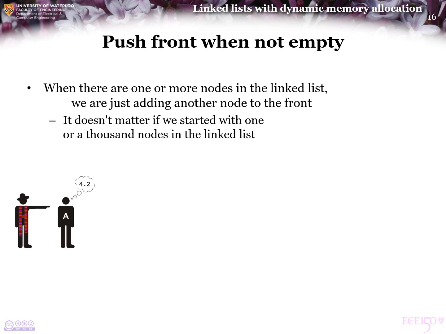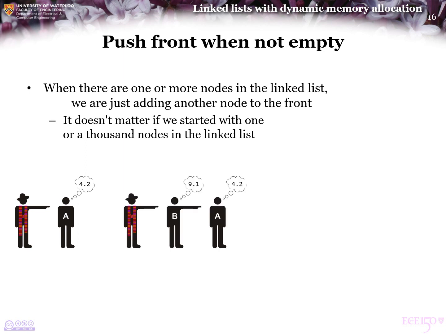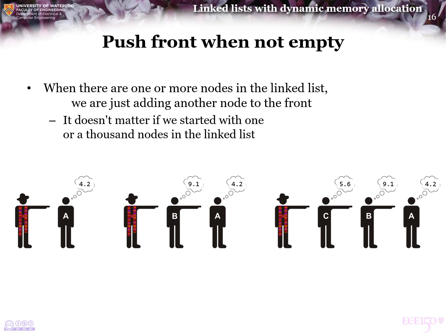It doesn't matter whether there's one node, two nodes, or more than two nodes. The act of adding a new node simply will have us change the list head member variable of the linked list class. We may need access to the other nodes, but we actually only will need access to that first node in the existing linked list.